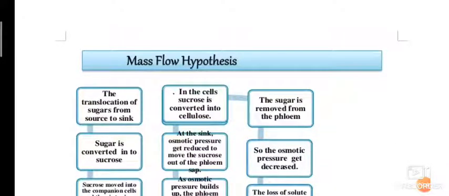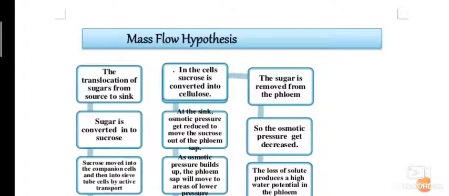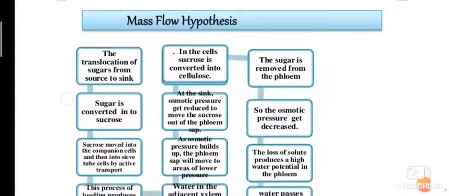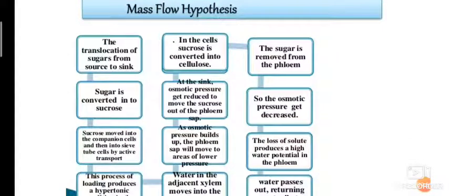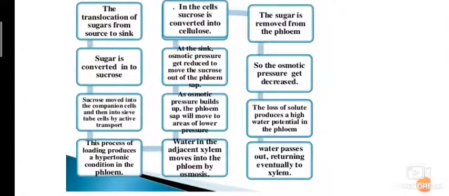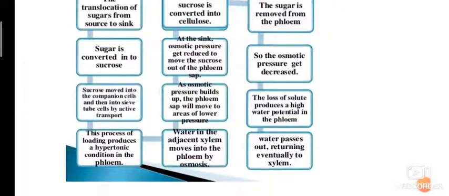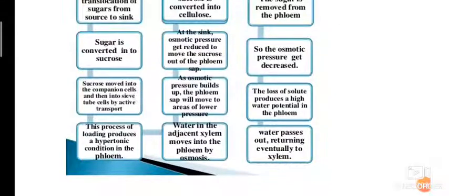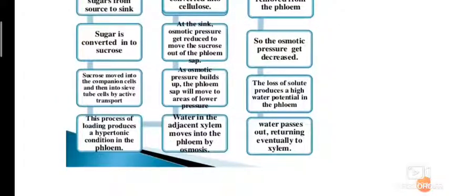Mass flow hypothesis, the translocation of sugar from the source to the sink. In the cell, sugar is converted to sucrose. Sucrose moves into the companion cell and then into the sieve tube cell by active transport.